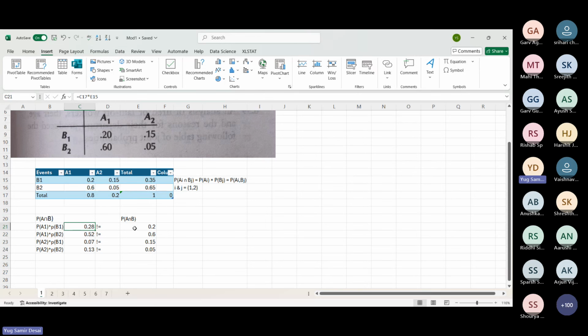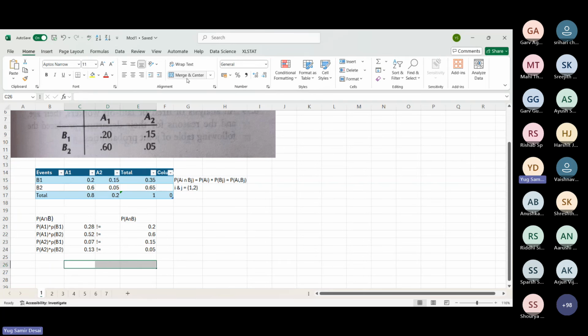But in our table, it has been given as 0.2. And it's not the case for just one, it's the case for each and every event. Hence, we can conclude that the events are not independent.